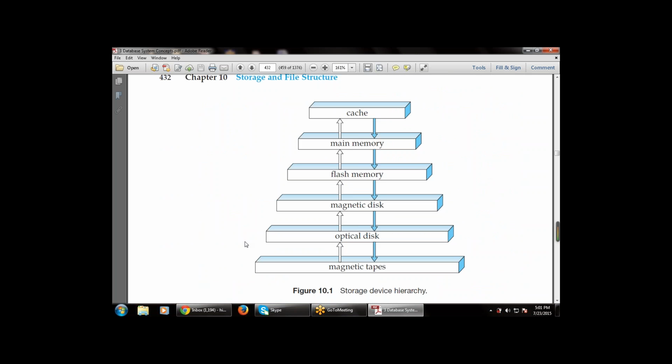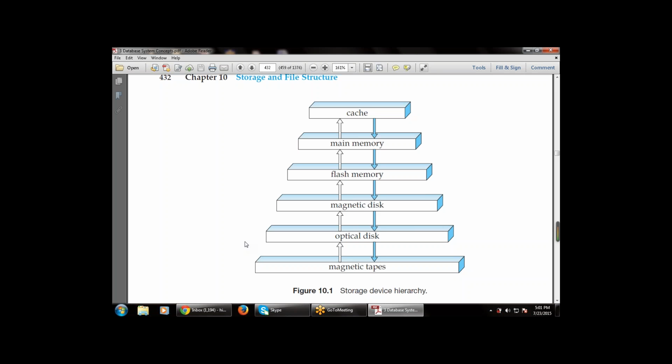And this is the storage level hierarchy, one of the most important diagrams. First of all there is cache memory, then main memory, flash memory, magnetic disk, optical disk, and magnetic tape. If any computation comes that needs data stored in the main memory, the cache requests the main memory to fetch the data. So there is cache memory, main memory, flash memory, magnetic disk, optical disk, and magnetic tape.